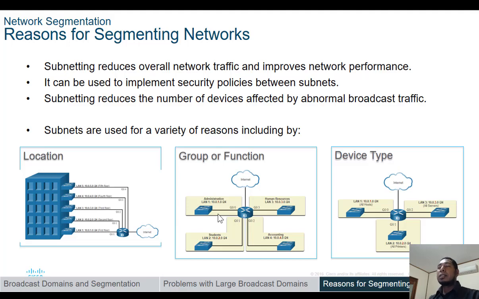Another reason why you could use subnetting is based on device types. If you think about the hierarchical network, remember you have the access layer, the distribution layer, and then the core layer where you have the core devices. You could subnet based on the hierarchical structure, device type, or based on Cisco's enterprise modular structure.